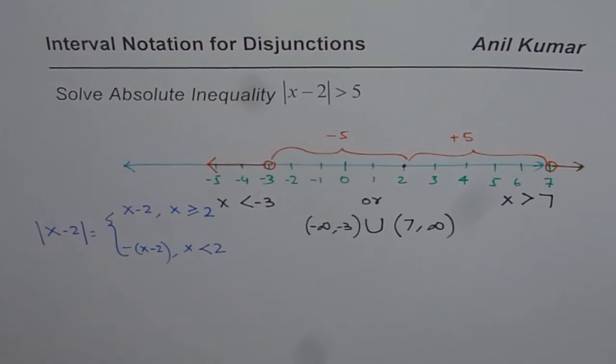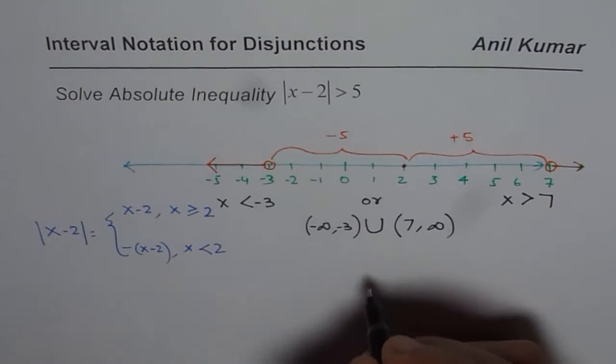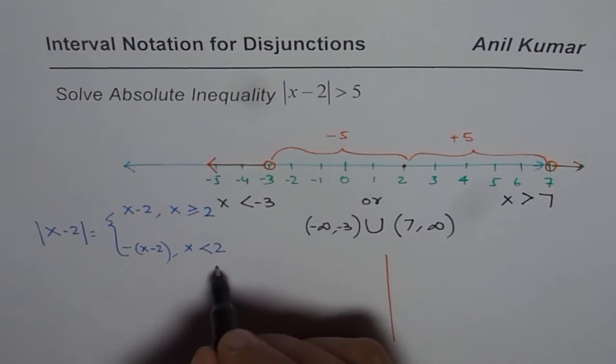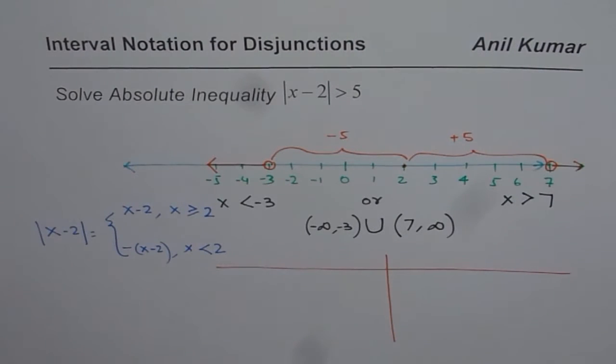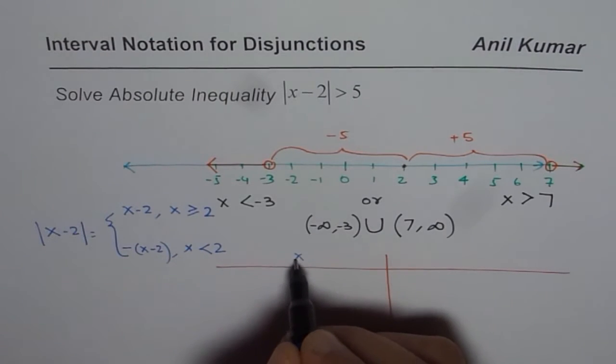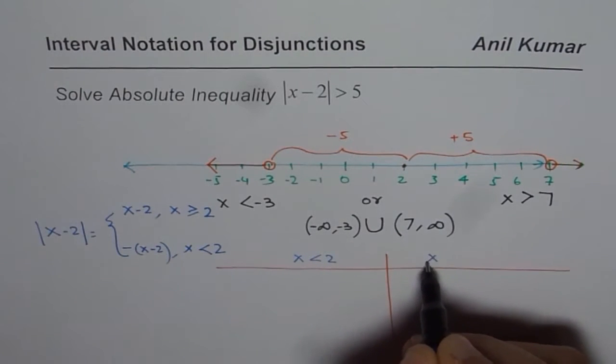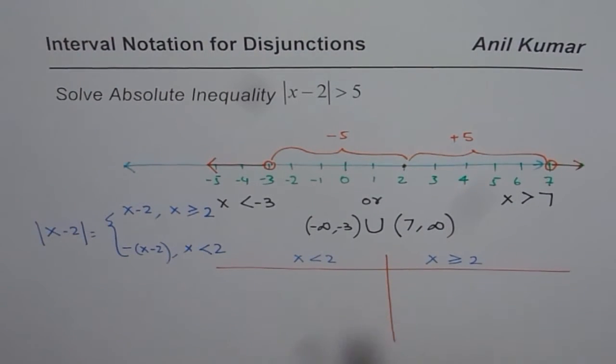And therefore this inequality should be solved in two intervals: when x is less than 2, and when x is greater than or equal to 2. You could take equal to either side, but normally we take it with greater than.